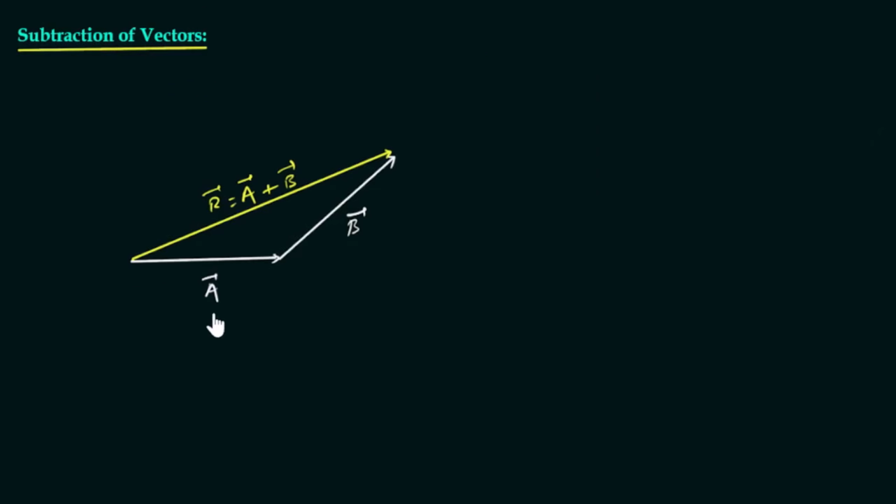So we learned how to add two vectors A and B using the triangle rule of addition. Now let us look into how to subtract two vectors. If I want to find A minus B, I'll multiply B by minus 1, so the direction of this vector will be inverted like this. So this is your minus B. Now if I connect the tail of this vector A to the vector minus B, I'll get this.